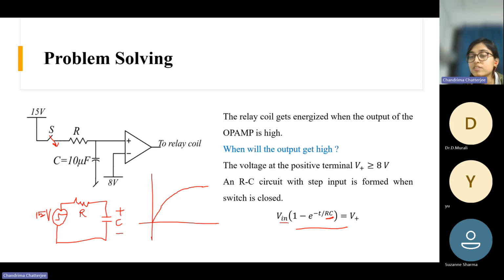So we know this value is 15 volt, and this value we need to reach 8 volt, because the threshold is 8 volt. When this terminal also reaches 8 volt, then this output will become high and it will energize the relay coil. And this should reach 8 volt after 1 second of this switch being closed, because it is charging through this resistor, so it takes some time to build the voltage.